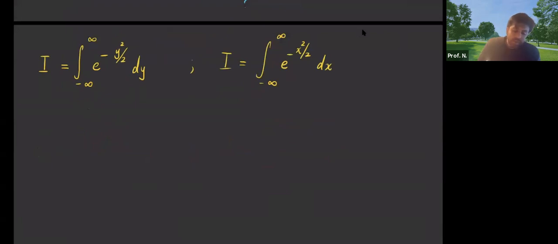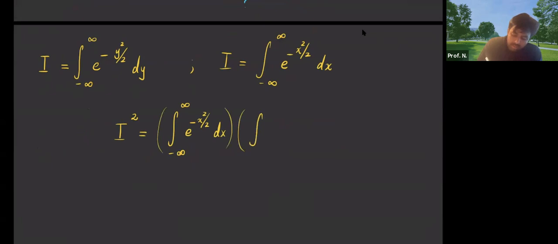So why do I write this in 2 different ways? Because now when I multiply them, I get I squared. I get the integral from negative infinity to infinity of e to the negative x squared over 2 dx, multiplied by the integral from negative infinity to infinity of e to the negative y squared over 2 dy. Now you may say, hey, you just made this more complicated.